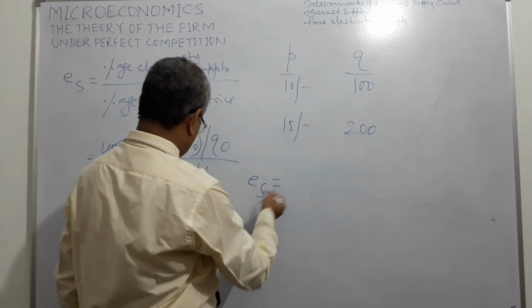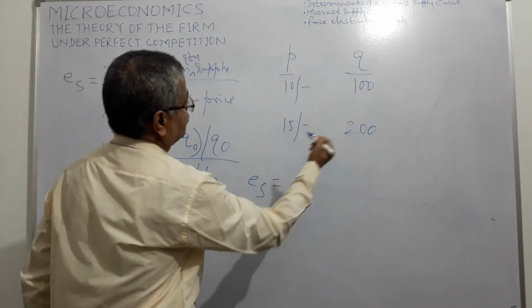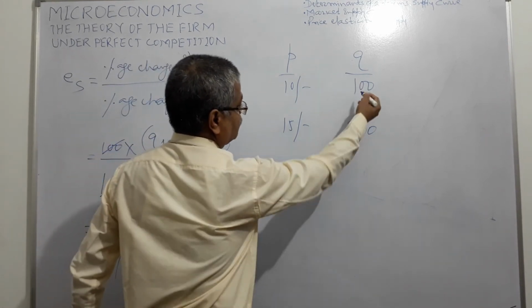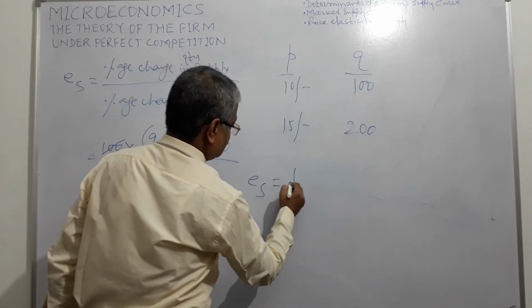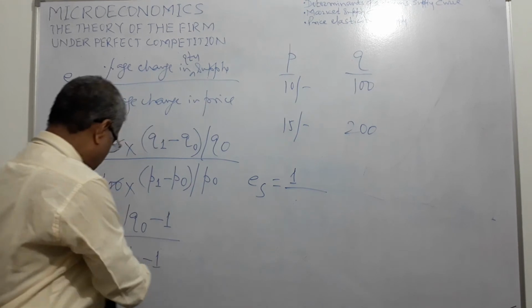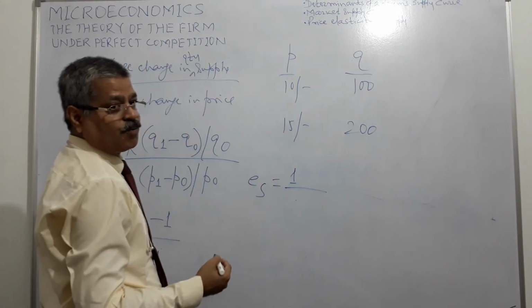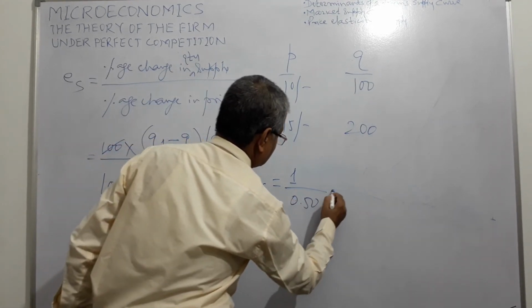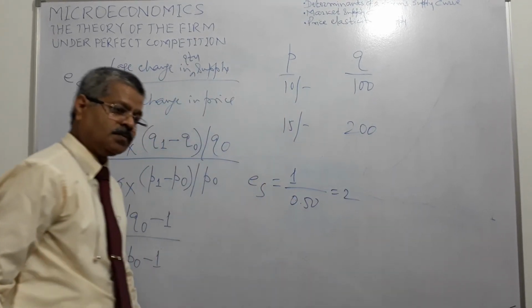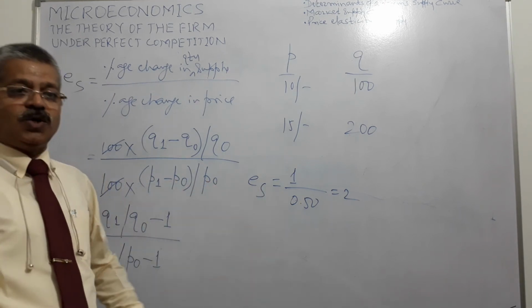So here Q1 upon Q0 minus 1, 200 upon 100, 2 minus 1, is equal to 1. P1 upon P0 minus 1, 15 upon 10, 1.5 minus 1, is 0.5. So 1 upon 0.5 is equal to 2. So here price elasticity of supply is equal to 2.